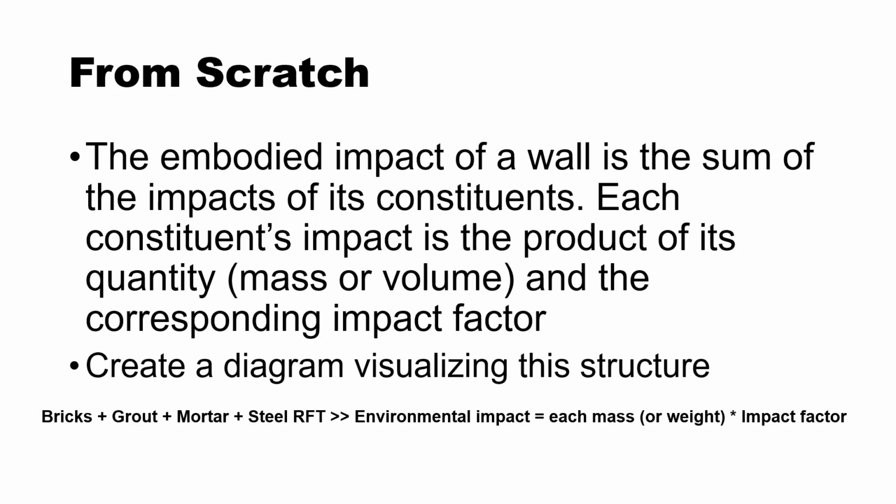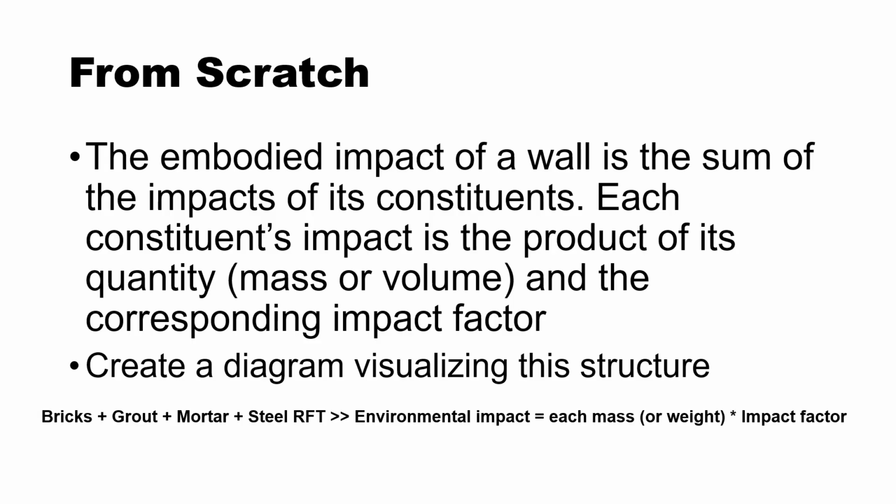Okay. So the figure that I've shown in the beginning describes the calculation of embodied environmental impact in a masonry wall, which is made up of concrete masonry units. It's made up of clay brick. It's made of grout and mortar. It's made of steel reinforcement.